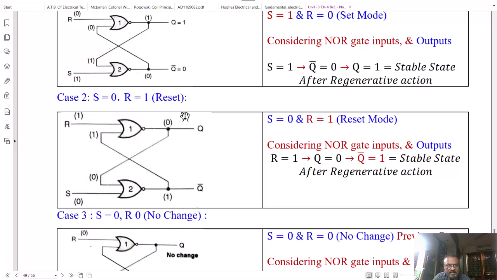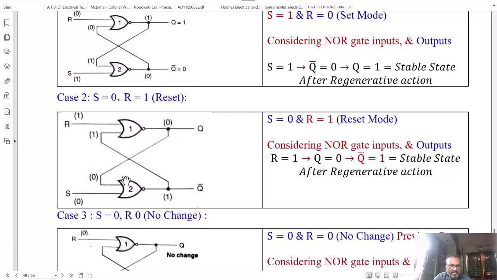Now consider the second case. When we make S equal to 0 and R equal to 1, it means we want to reset the flip-flop. When R equals 1, the first NOR gate output is 0. When this output drops, it is connected to the input of the second NOR gate.